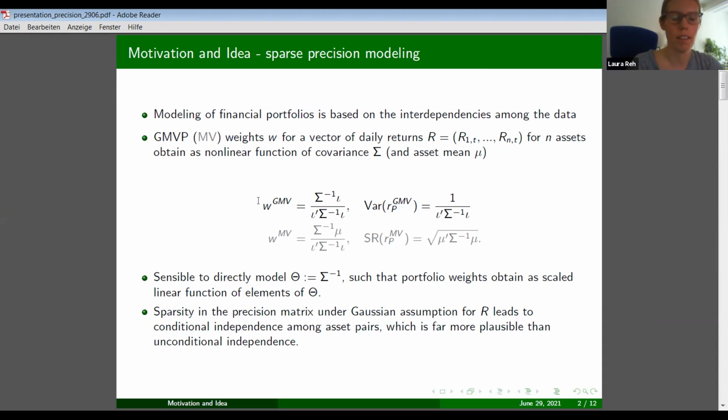If you consider the precision matrix instead, and if you have Gaussian assumptions for returns, then a zero entry in the precision only requires that the assets are conditionally independent, which is much more realistic, especially if we have large industry sectors in which we have many similar assets. So this is why we favor using the precision matrix.